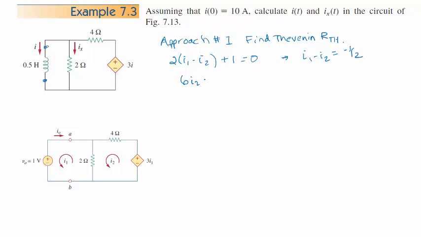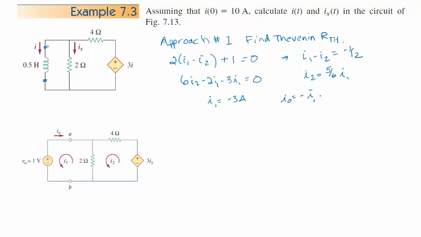6I2 minus 2I1 minus 3I1 equals 0, and you get I2 equals 5/6 I1. So we go ahead and solve for that, and you get I1 equals minus 3 amps. So it's in the other direction. I0 equals minus I1, because I had I1 and I0 in opposite directions.